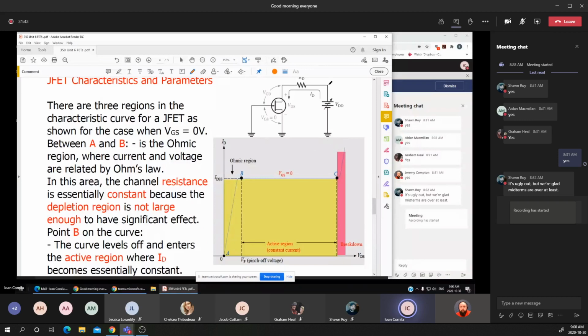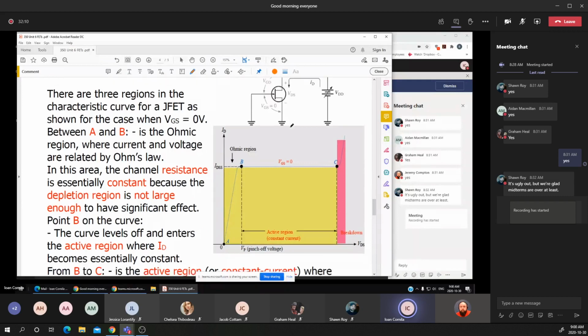Increasing the voltage increases the current that flows between the drain and the source, and that's why it's sometimes called the ohmic region. Only the voltage changes the current that flows between the drain and the source.